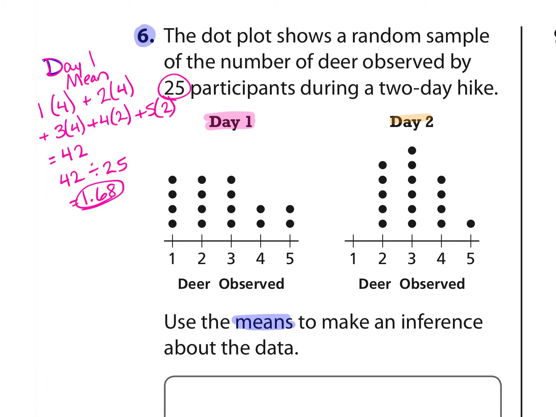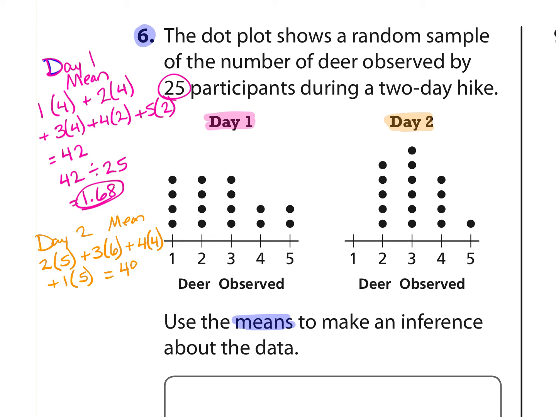Now for day 2, we're going to add these all up again for the second day. So we're going to find the day 2 mean. We have 2 deer observed by 5 people, plus 3 deer observed by 6 people, plus 4 deer observed by 4 people, plus 1 deer observed by 5 people.